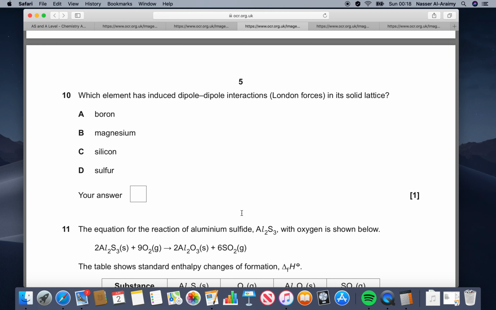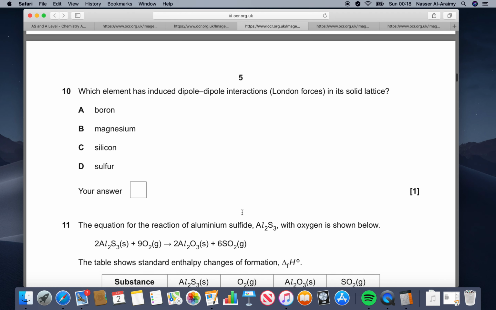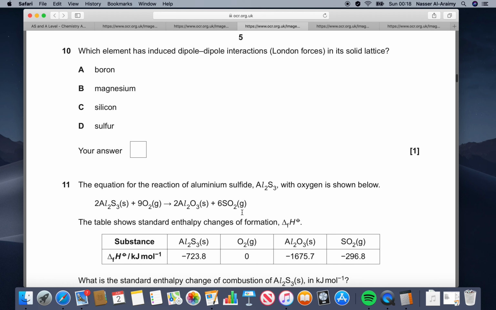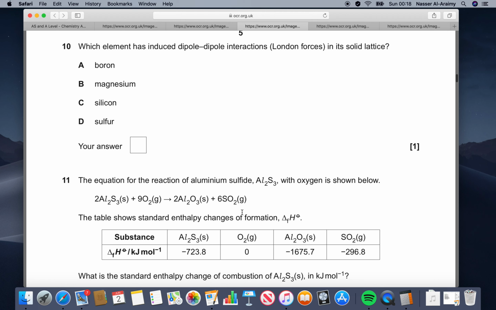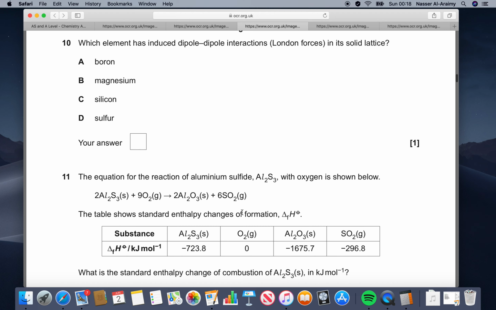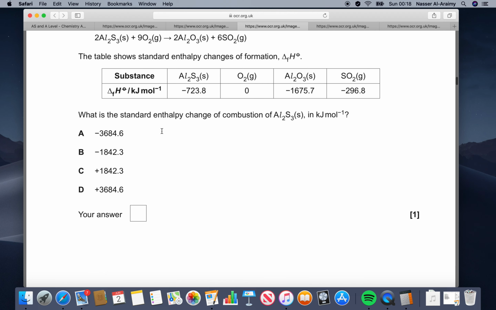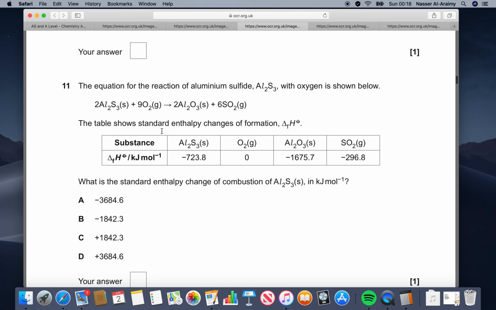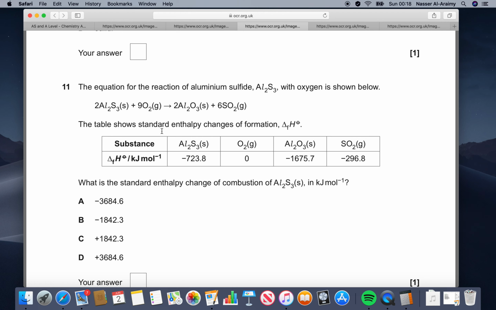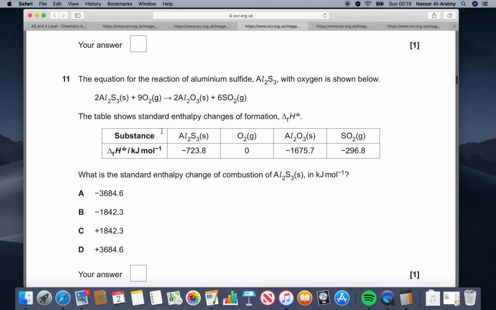Then you've got your standard dipole-dipole interactions. Key there is the word induced. Okay, what else? This one, enthalpy changes. Enthalpy changes will come up.